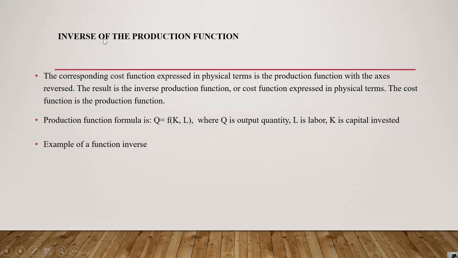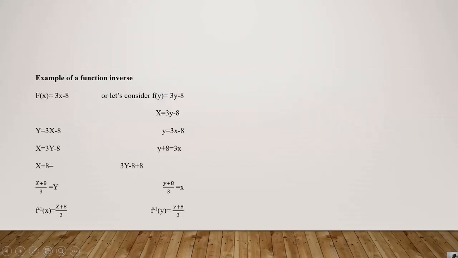So for example, a function inverse, let's look at this example here, maybe because our understanding will be a little bit clearer. We are saying f(x) equals 3x minus 8. If that's our function, okay, so always we can consider f(y) is equal to 3y minus x.